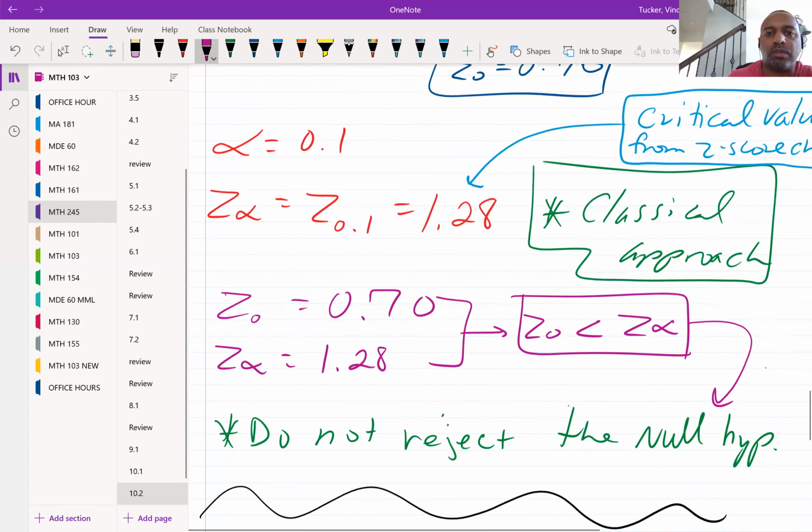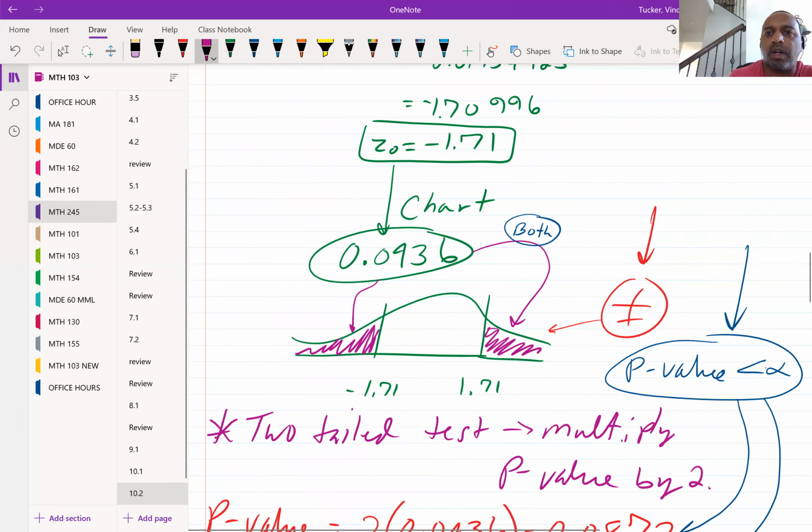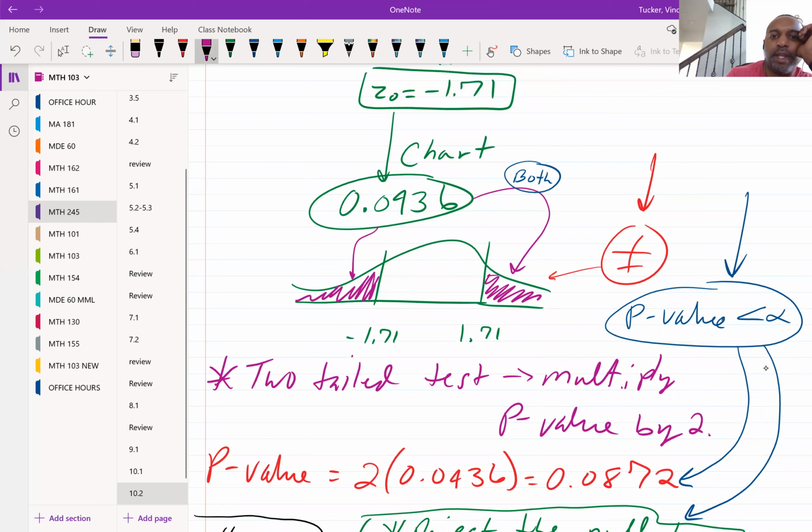All right, so I did want to point this out. Our test statistic was negative, so it wasn't that big a deal. We just took whatever value we got from our Z-score chart and multiplied it by 2.